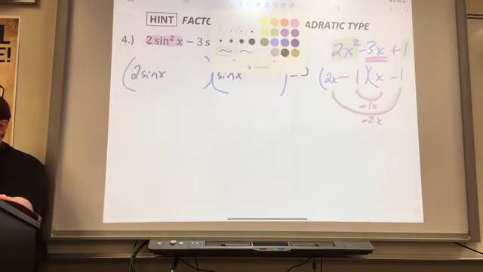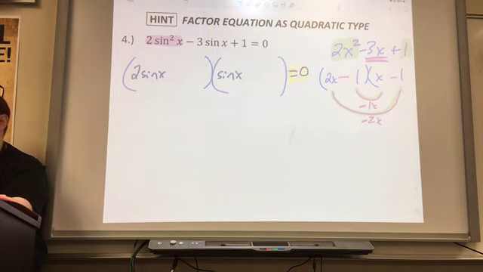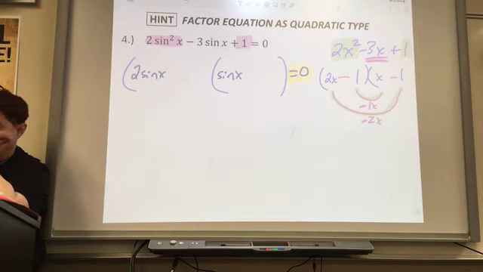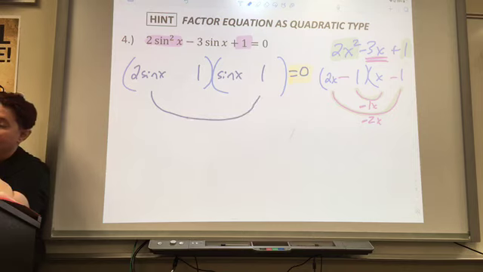So guys, when we're factoring, there has to be a 0 right here because of the zero property of multiplication. All right, now check it out. What multiplies to make 1? They're both going to be negative: 2 sine x and 1 sine x.